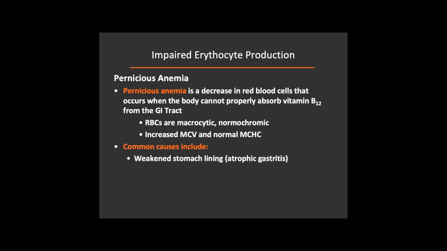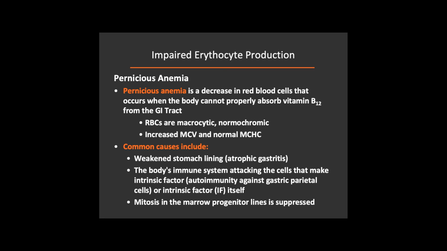Common causes would also be due to lining issues in the stomach. So if I had gastritis, I might not be able to absorb the intrinsic factor or the B12. And then we talked about this being an autoimmune disease. And then mitosis in the bone marrow of the progenitor cells is suppressed, and this is another issue.